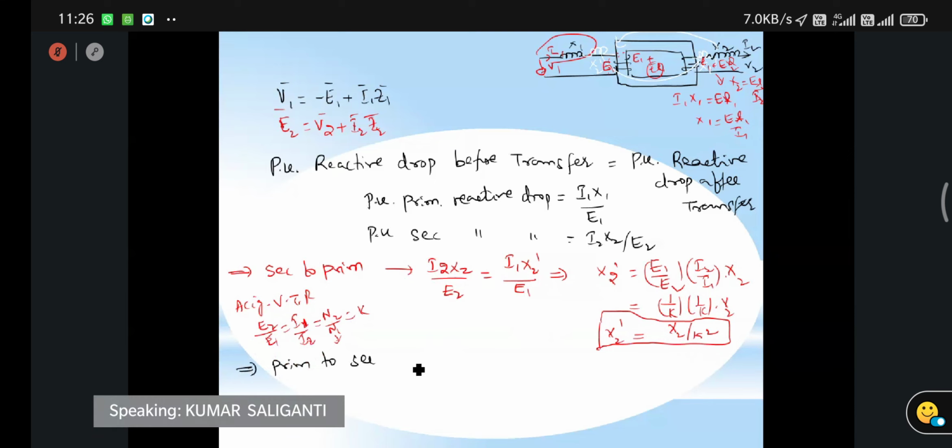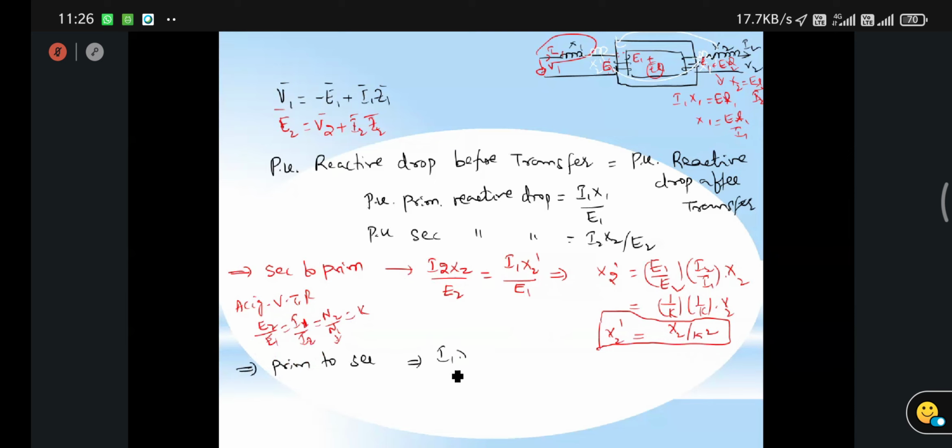Primary to secondary: I1 X1 is on the primary side, so it is the same thing, I1 X1 by E1, no difference on the primary side. But I am transferring this reactance to the secondary side.